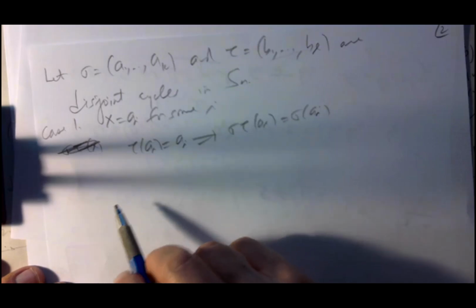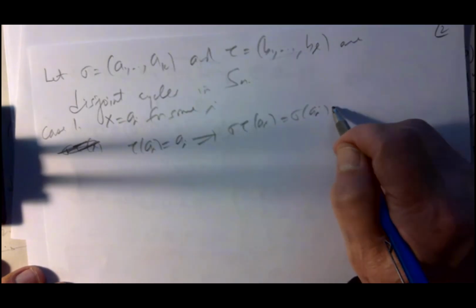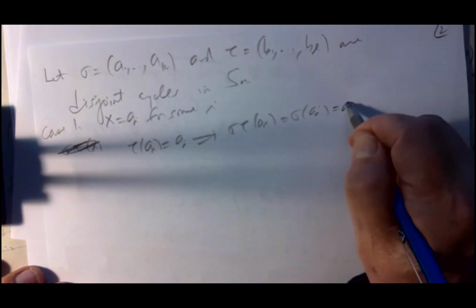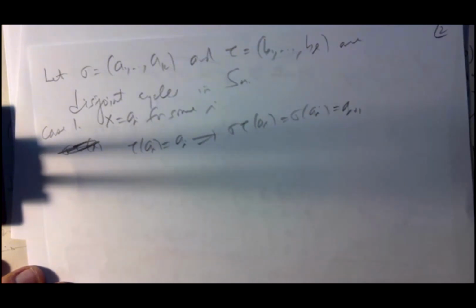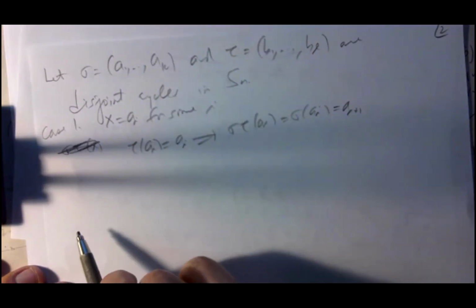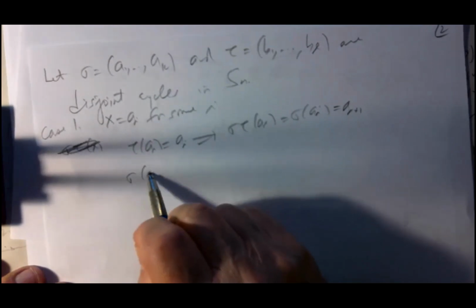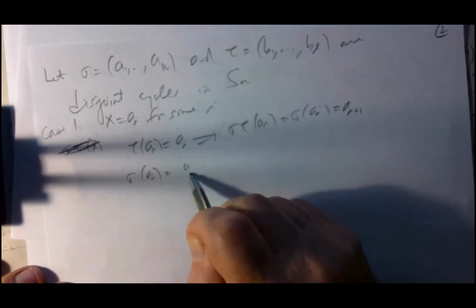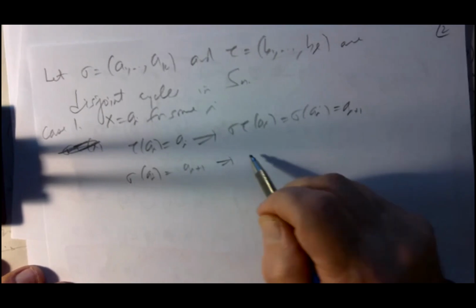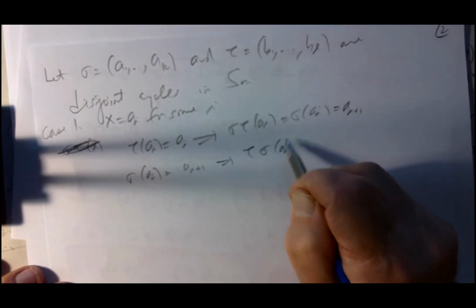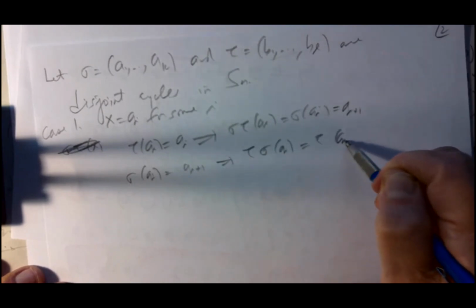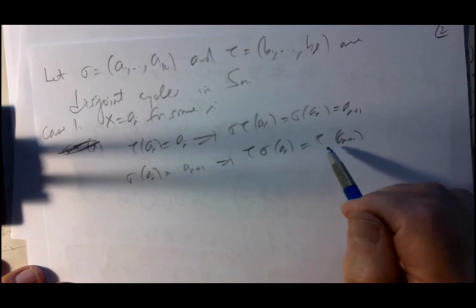On the other hand, let's call this something a sub i plus 1. It's one of these numbers. Also, sigma of a_i is this a_i plus 1, and so tau sigma of a_i is tau of a_i plus 1.